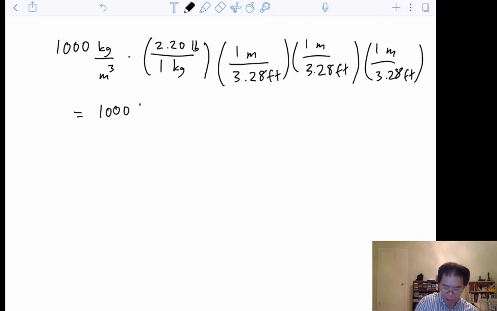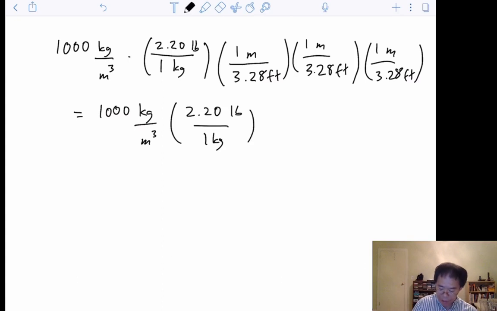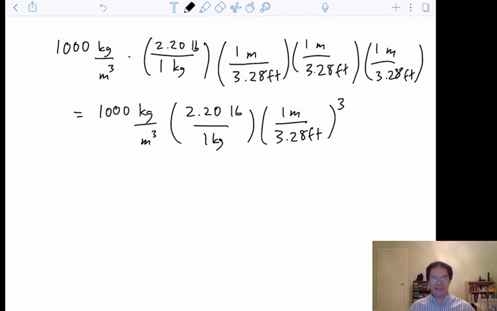I might just write 1,000 kilograms per meter cubed. I've got my factor for going from kilograms to pounds. Then most of the time I might just write 3.28 feet per 1 meter and cube the entire thing. You just have to remember to do that, and that is a potential pitfall.